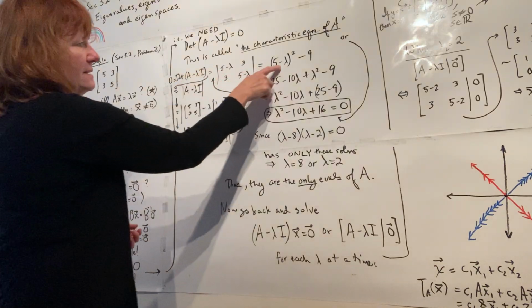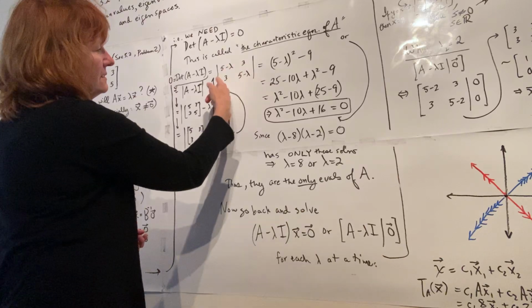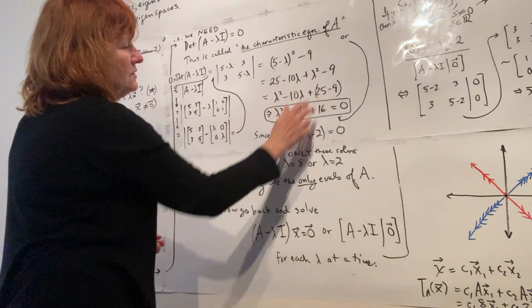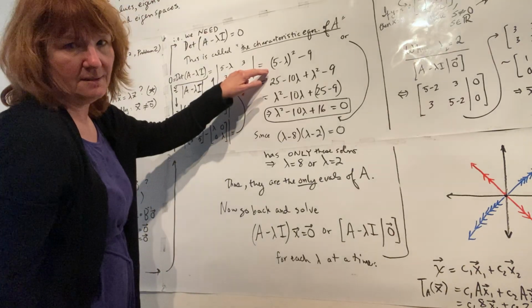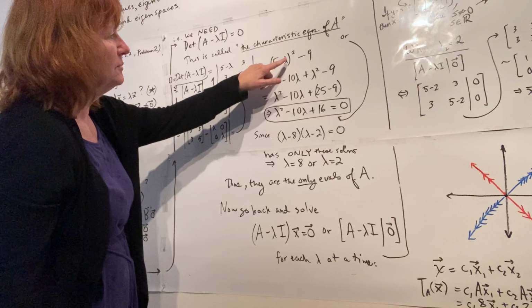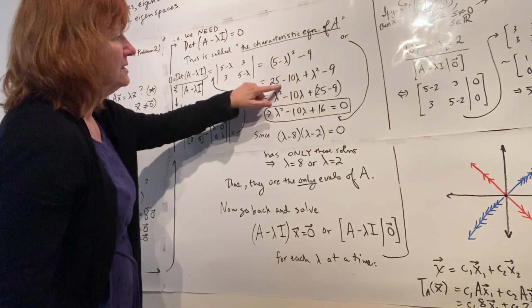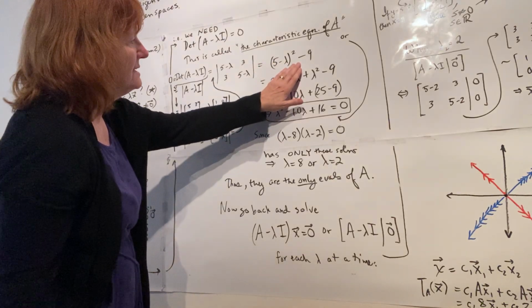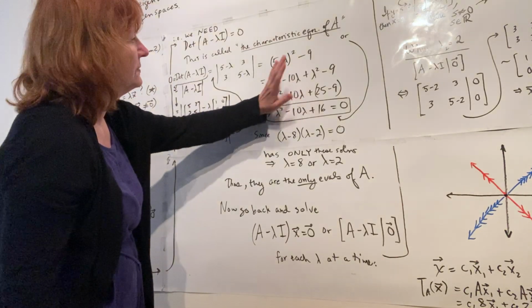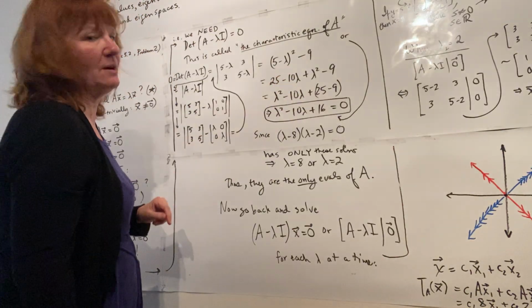Well, that's (5 minus lambda) squared minus the cross diagonal, which is 9. That gives you a quadratic polynomial in lambda, which, if you're careful about how you multiply things out, if you thought that was 25 minus lambda squared, that means you're forgetting your basic algebra. Go back and remember about cross terms.